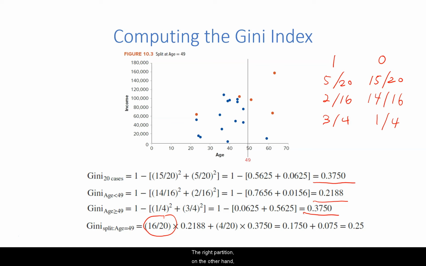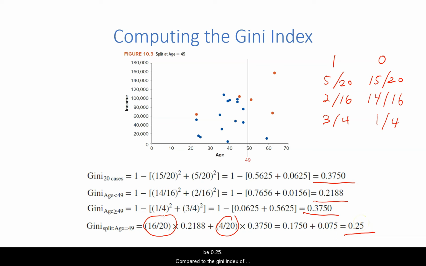The right partition, on the other hand, has 4 cases, so the weight given to this partition is 4 over 20, or 0.2. The weighted average of the two Gini indexes is the Gini index for the split age equal to 49, and the value is computed to be 0.25.